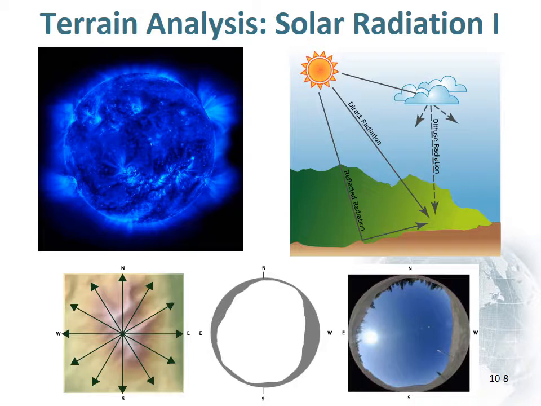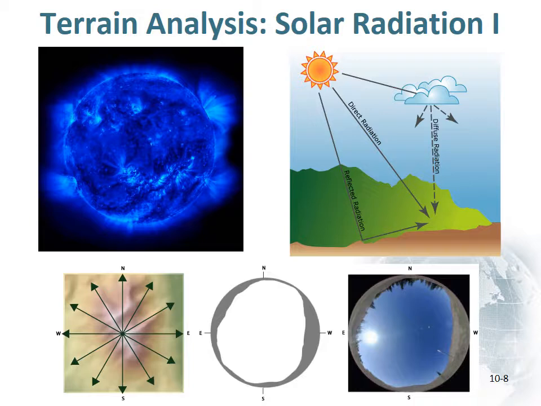So radiation gets reflected, and it still accumulates at that cell. And clouds and other atmospheric constituents can intercept the radiation and also reflect it. That's what we call diffuse radiation. So the accumulation of direct, reflected, and diffuse radiation tells us how much solar radiation that one cell receives in any given specified period of time.